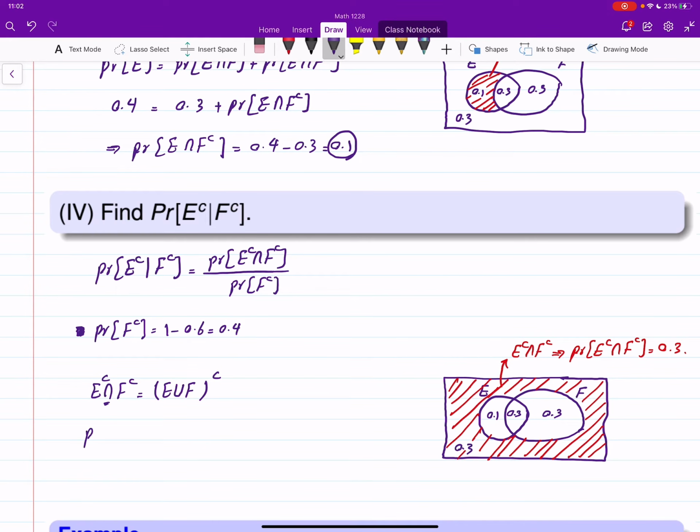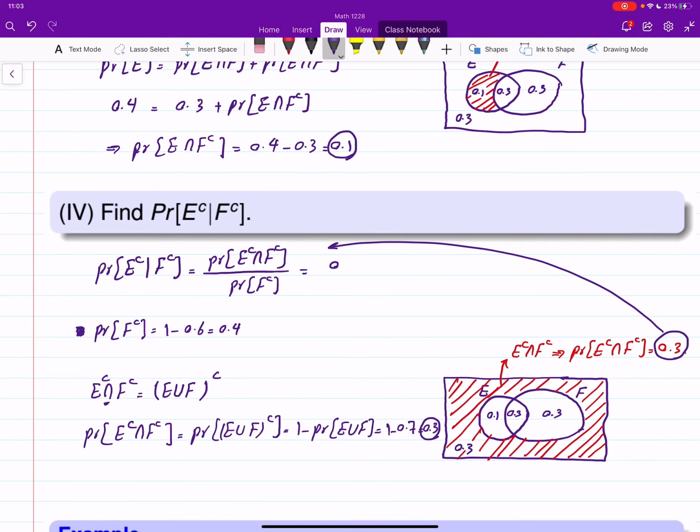And since you have that, then the probability of this part is going to be the probability of the complement of the union, and that is 1 minus probability of the union, which is given here, and it is 1 minus 0.7, which gives me 0.3. So as you see, both of them give me the same number. Now I can go back and plug in the numbers there, and that is 3/4 or 0.75.